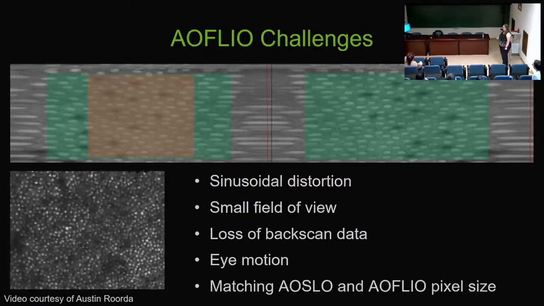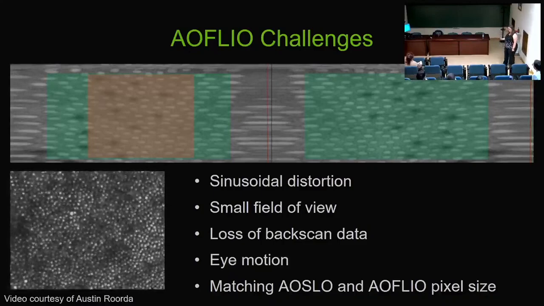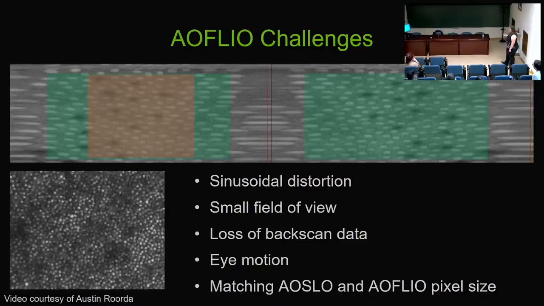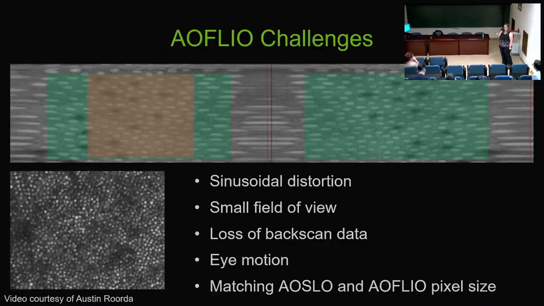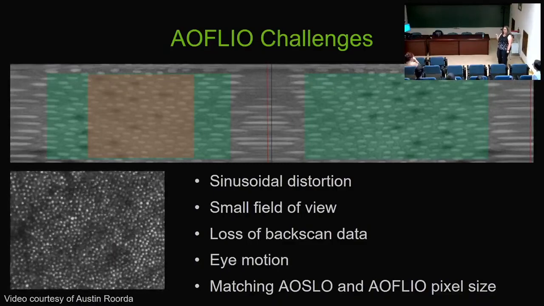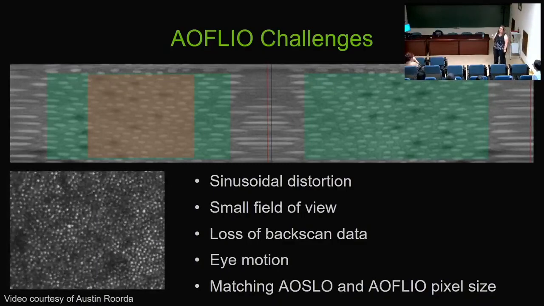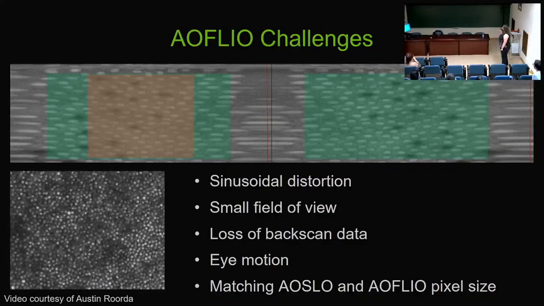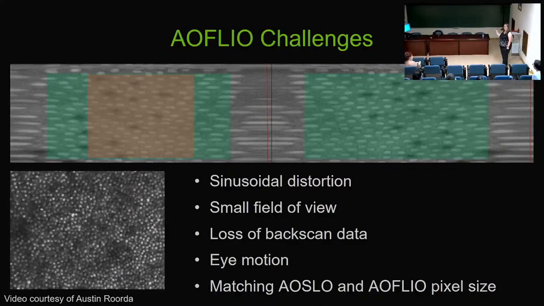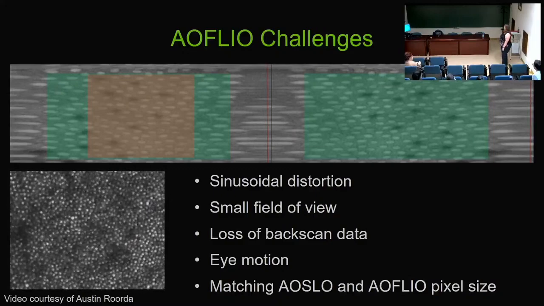And finally, the Becker and Hickl boards that we were using for TCSPC, their pixel clock, their collection is much slower, so we had larger pixels than we would have liked, and so we did not have the same pixel size match between our AOSLO images and our AO-FLIO images.